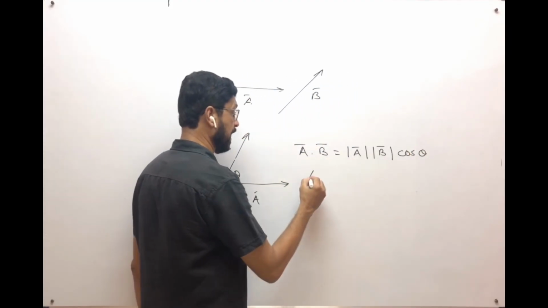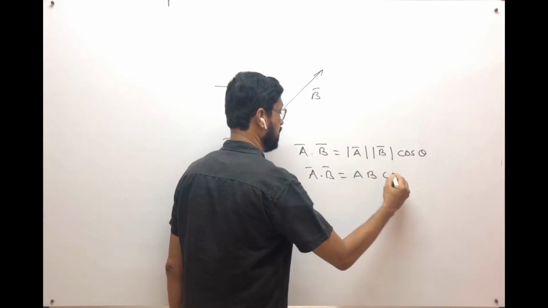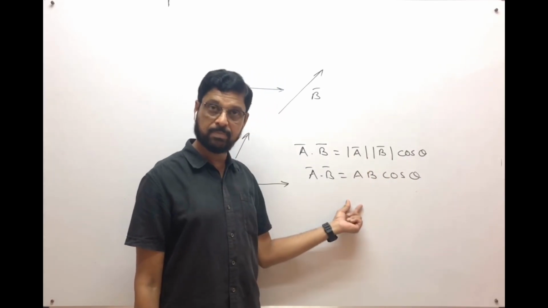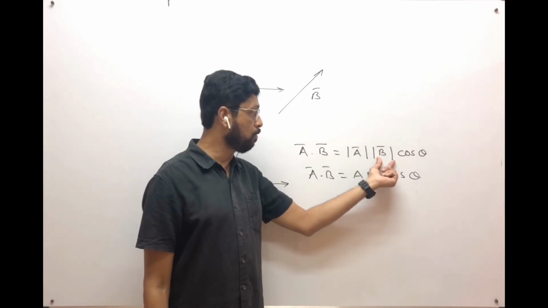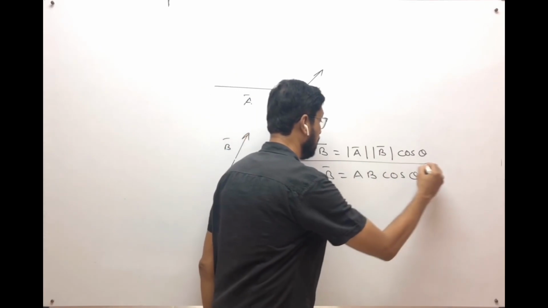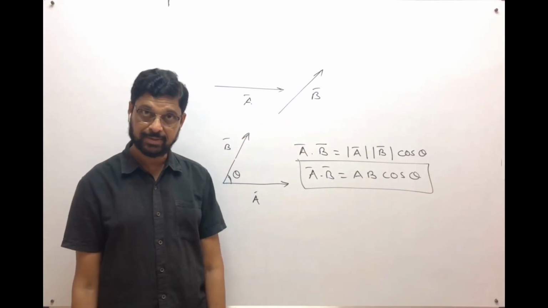Or the same thing can be written as A dot B is equal to A B cos theta. Magnitude of vector A, simply you can write A, magnitude of vector B, B into cos theta. This is the definition of dot product.